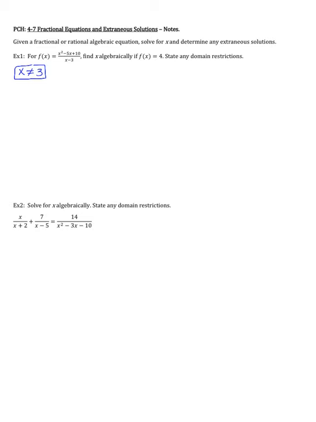So they want us to solve this when f of x equals 4. So I'm going to take my x squared minus 5x plus 10 divided by x minus 3 and set it equal to 4. Then the first thing we're going to do is cross multiply. So that gives me x squared minus 5x plus 10 is going to equal 4 times x, minus 4 times a negative 3.